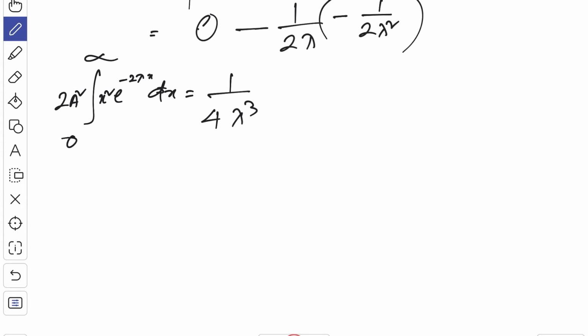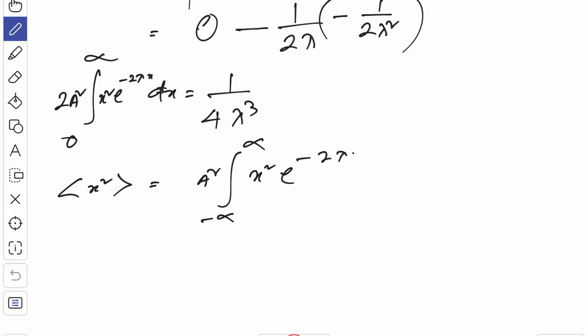This is equal to what we have got. Now the expectation value of x square is given by, as I have already told you, a square integral from minus infinity to plus infinity of x square e to the power minus 2 pi x dx, isn't it?